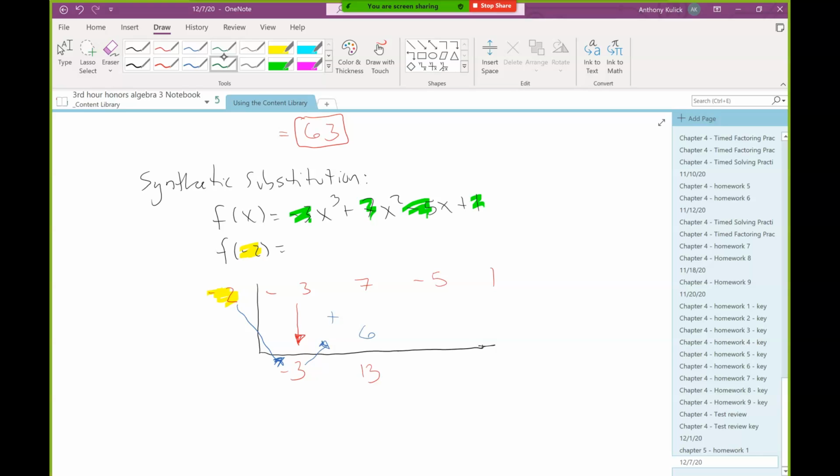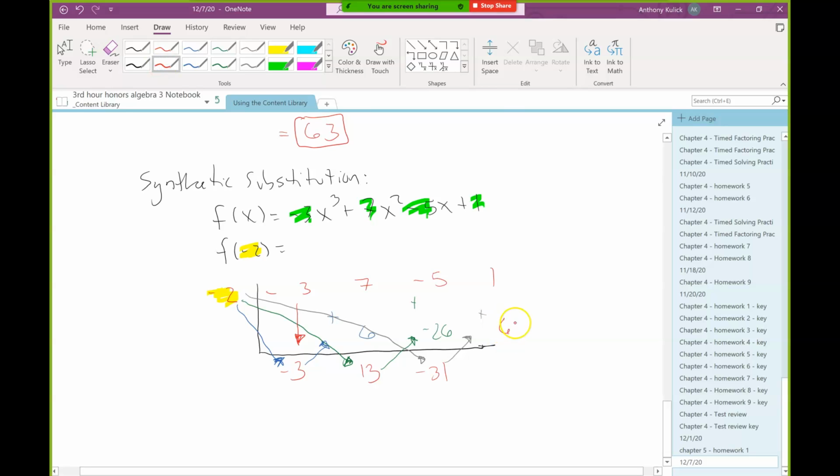And we're going to repeat that until we've filled up all the spots in our bracket. So negative 2 times 13 is negative 26. We add those, we have negative 31. And then negative 2 times negative 31 is positive 62. And we add the 1, that's the 63.